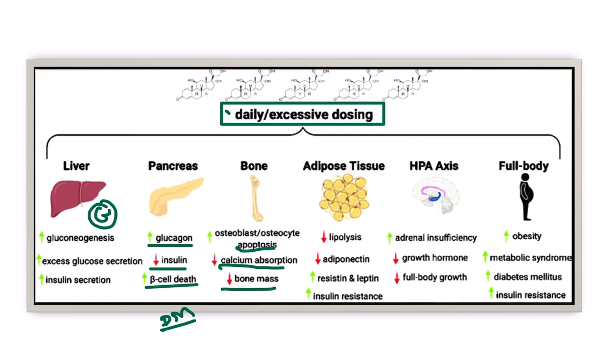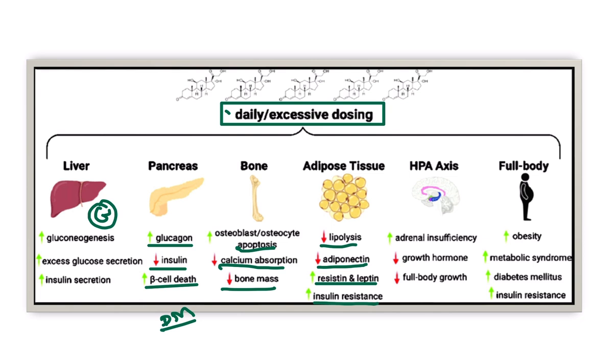And in the adipose tissue, it decreases lipolysis, decreases adiponectin, increases resistin and leptin, and causes insulin resistance. That means it acts on the adipose tissue and develops resistance against insulin.